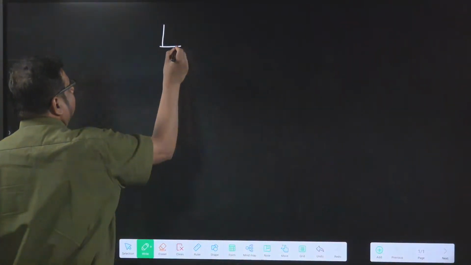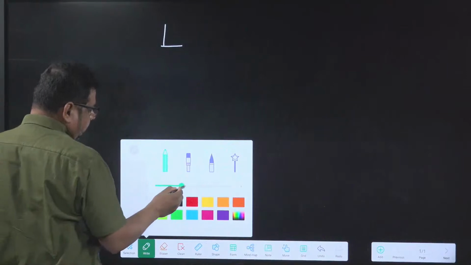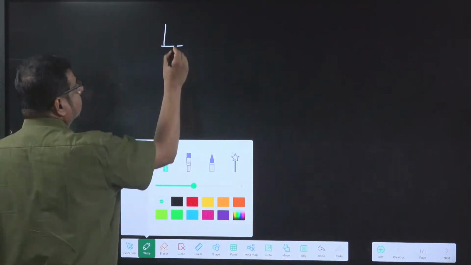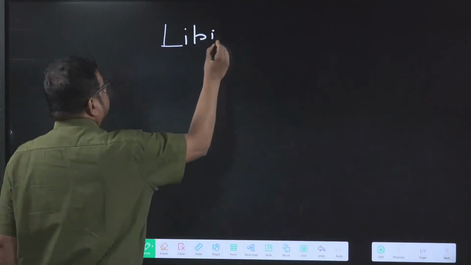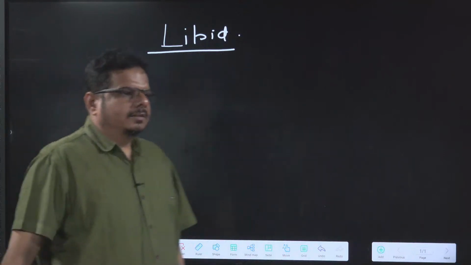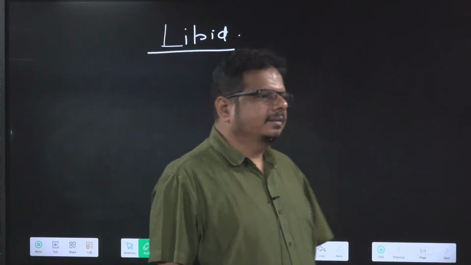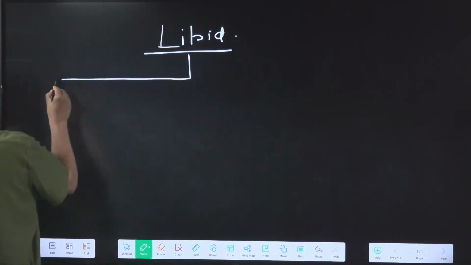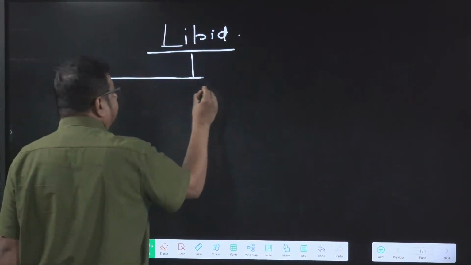So we are starting with lipid. Okay, so now give your attention. See the things. Lipid is classified into 3 different categories.